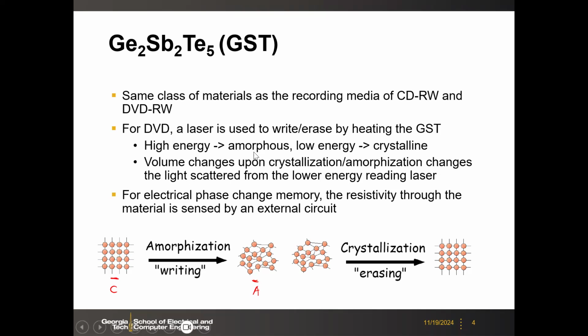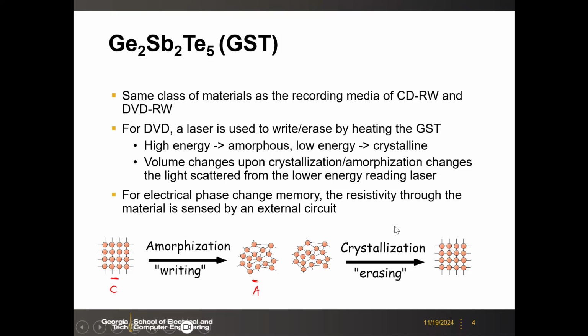But when the laser puts high energy into the material, it heats up and melts. After that, the atoms move around and end up in a disordered connection. This is called the amorphous state.